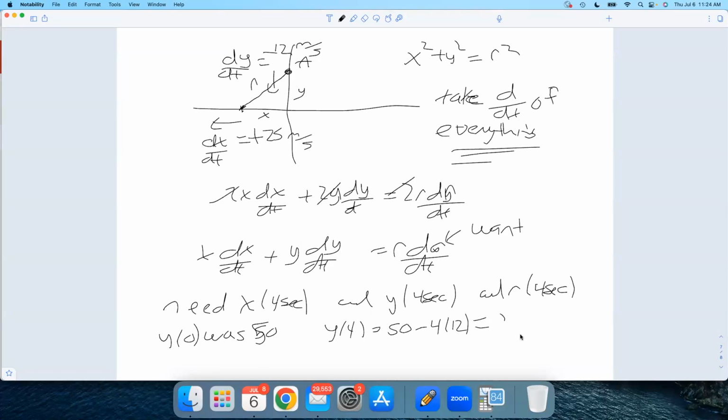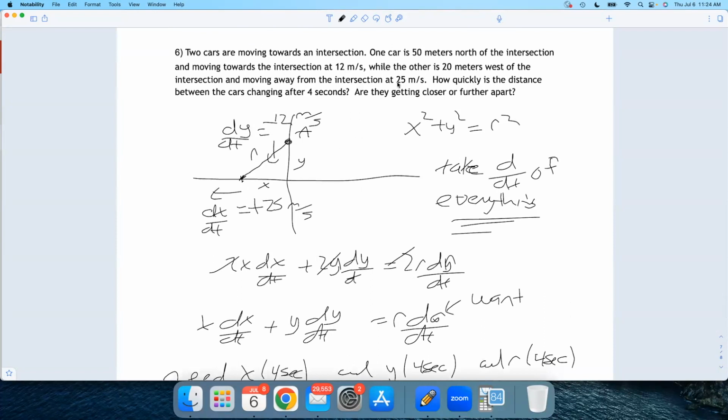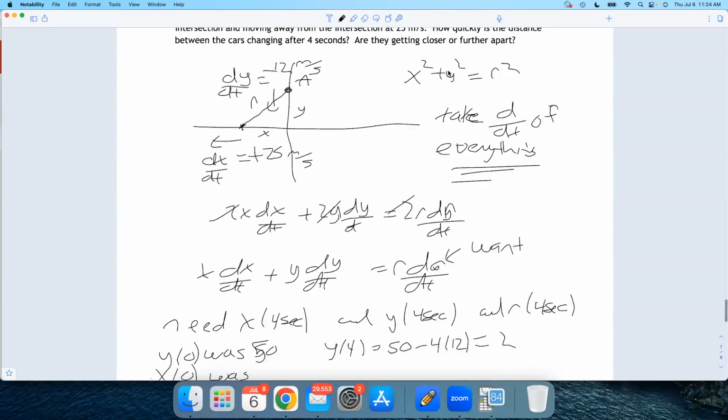So I think that's going to be 2, because that's 50 minus 48. x at 0 was what? 20.